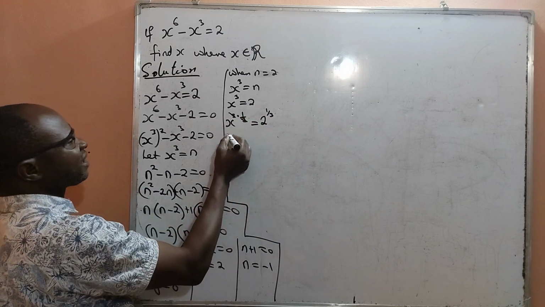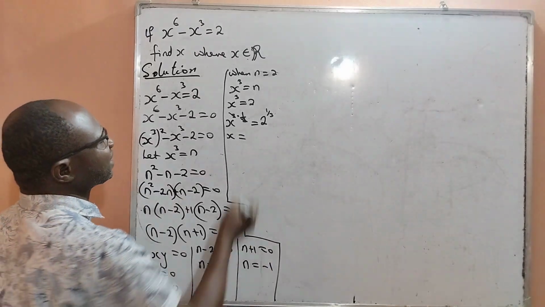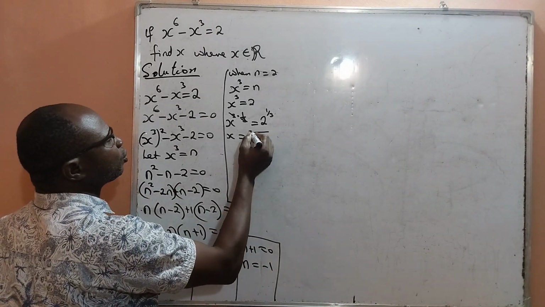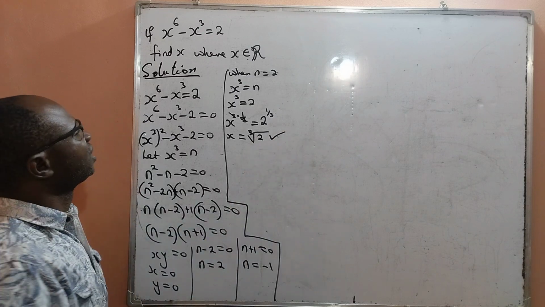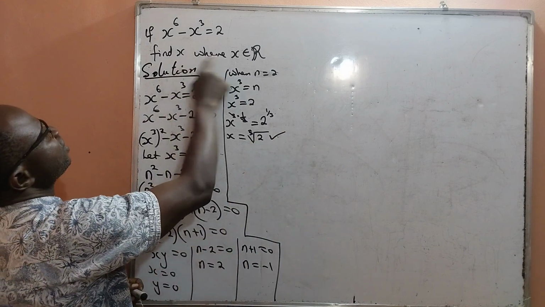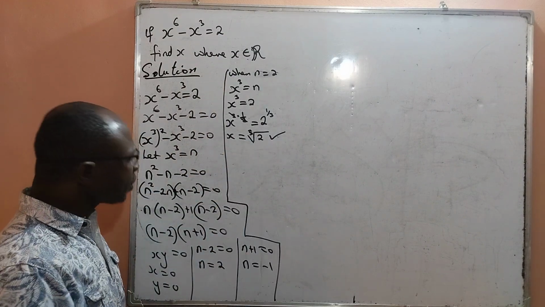Therefore 3 can cancel out 3, giving me x equal to 2 raised to the power 1 over 3, which is the same thing as the cube root of 2. The first value of x is out, which is real. Cube root of 2 is a real number.